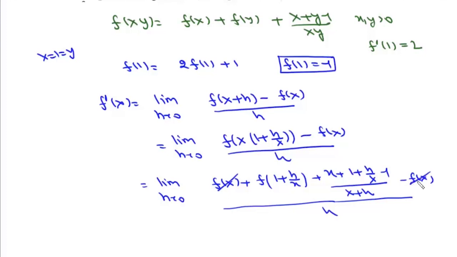Now this f(x) and f(x) will cancel, and this 1 and 1 will also cancel.